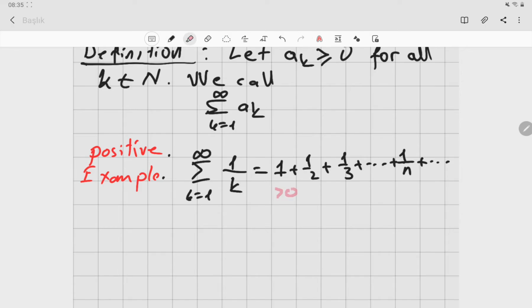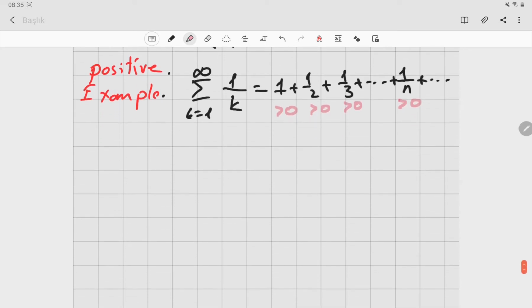Okay, it's clear that all terms are greater than 0. This is a positive series.